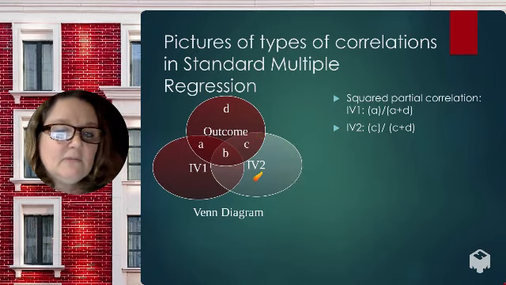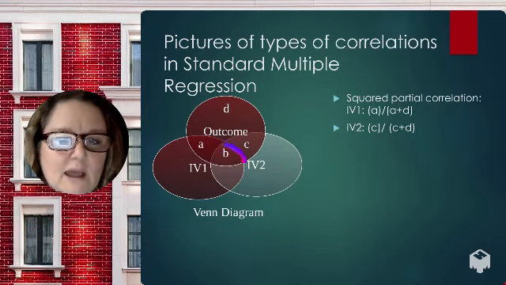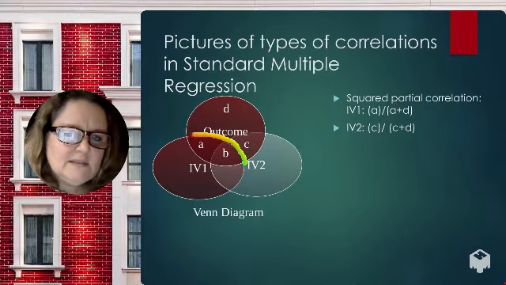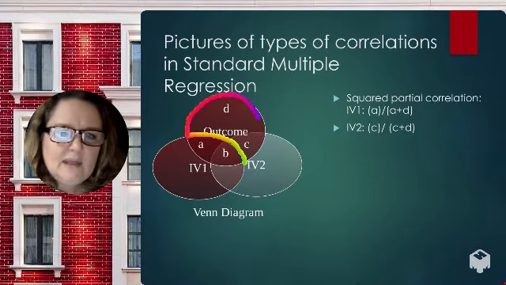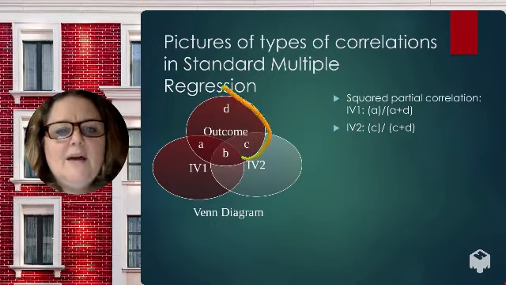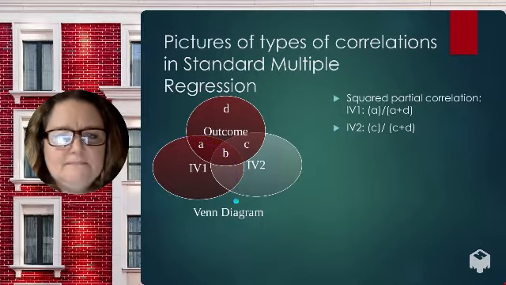And then similarly for IV2, we're looking at what percentage is C compared to C and D together. So again, in the denominator, it's not 100% of the outcome, it's the outcome after taking the effects of IV1 out of it.